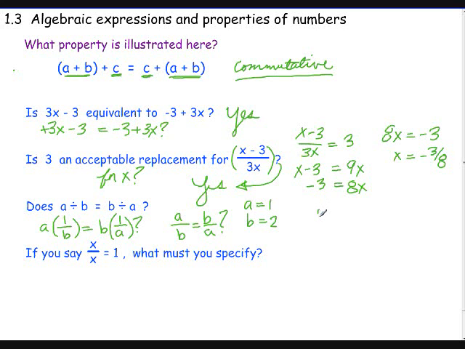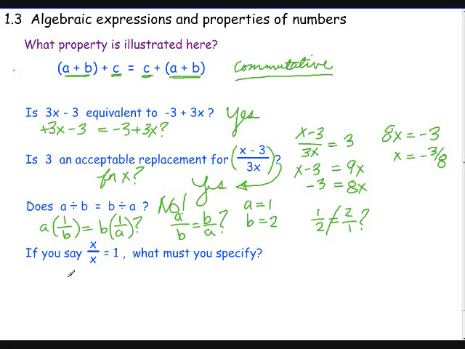Then I would have 1/2 is equal to 2. That's not true. So my answer here has to be no. And you know what else that tells us? That when you're talking about division, it is not commutative. Not commutative for division.